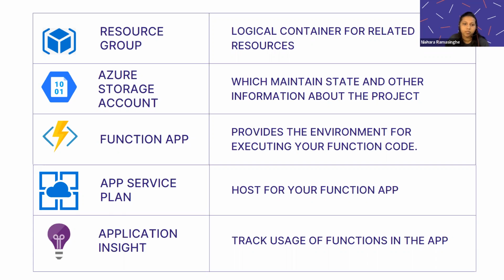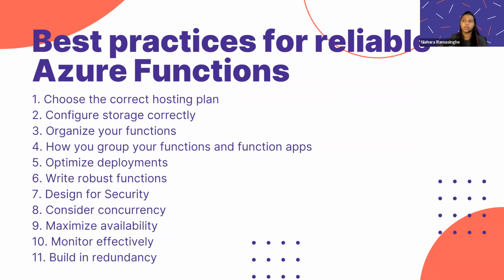So now our next slide is about best practices for Azure Functions. Here I have used Azure Functions, since Azure Durable Functions is an extension of Azure Functions, most of the best practices are similar. So the very first thing you need to do is choose the correct hosting plan, because it affects performance, reliability, and cost.